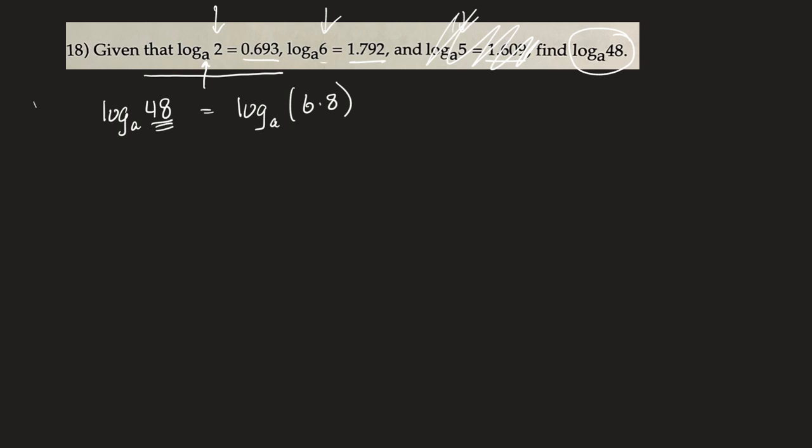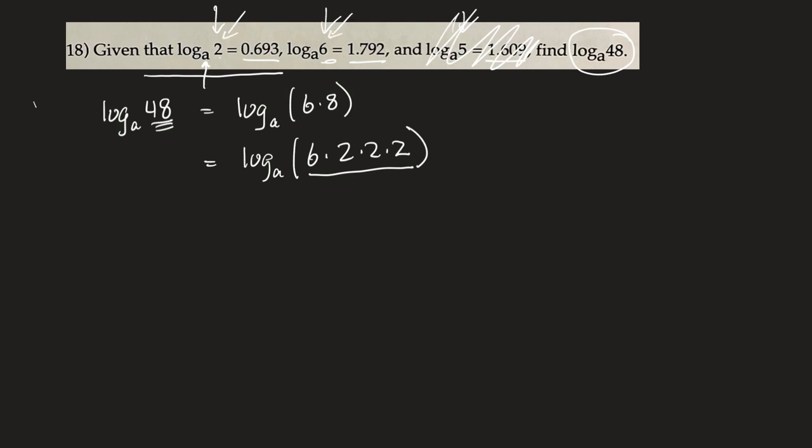So there's a 6, that's good. But I don't have 2s. But this 8 I can write as some 2s. So 6 times 2 times 2 times 2. I think that's 8. There. Okay, so now I've written that 48 as a product of numbers for which I know what their logarithm is.